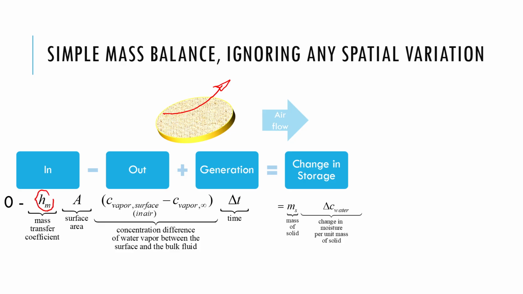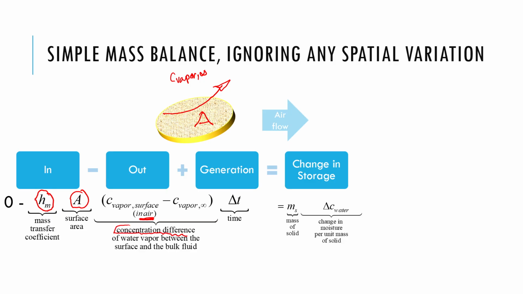So it's the mass transfer coefficient multiplied by the surface area here, and the concentration of vapor at the surface in air, and the concentration of vapor at infinity, which is far away. So it's the concentration difference.